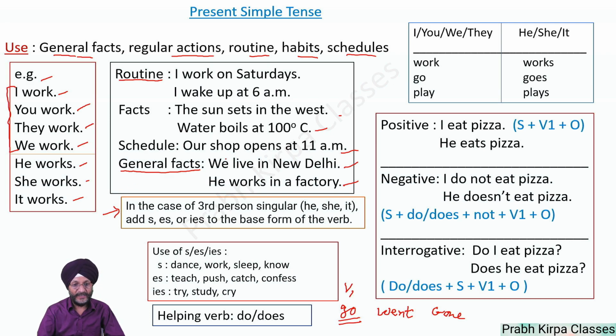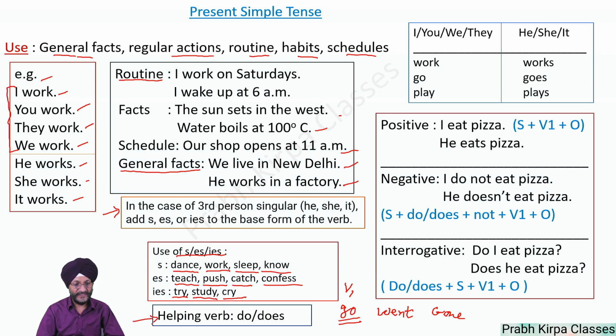When the subject is he, she, it, we usually add s, es, or ies. For example, when the verb is dance, it becomes dances. In the same way, walks, sleeps, knows. Teach becomes teaches, pushes, he catches, he confesses, she tries, she studies, she cries.